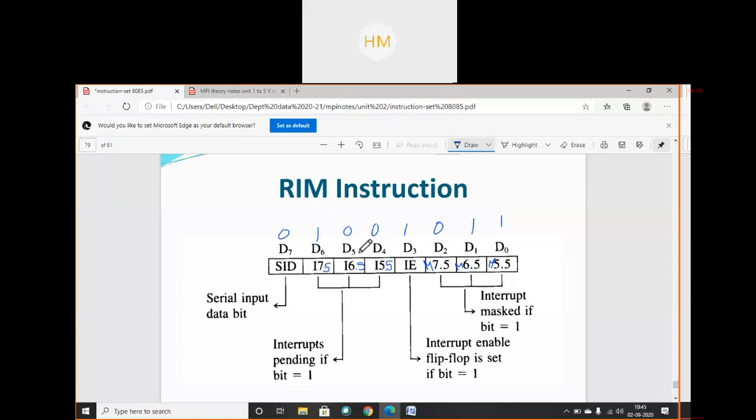Here 2 are not pending and 1 interrupt is pending, I7.5. Interrupt pending if the bit is 1. So here only my D6 bit is 1, so this interrupt is pending. Is it clear? Now the last, the serial input data bit, is 0.